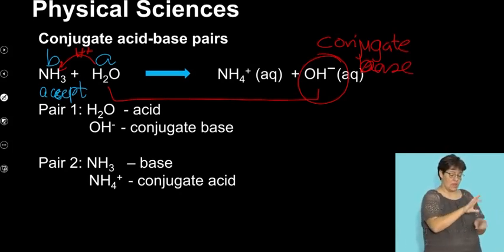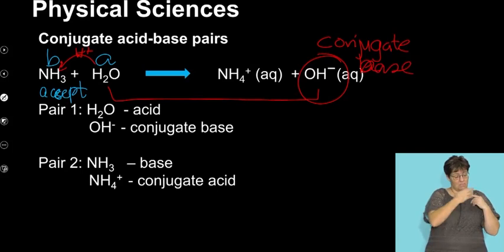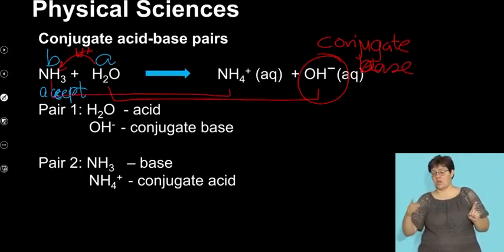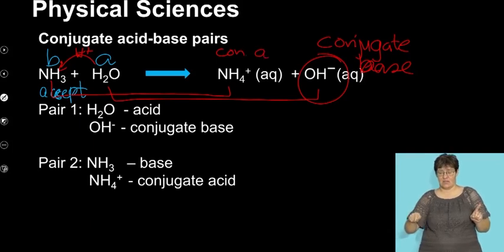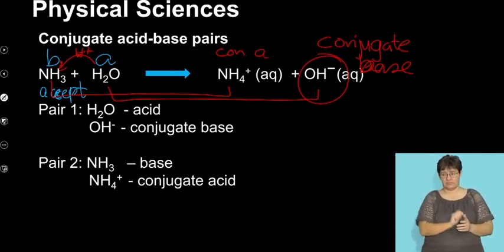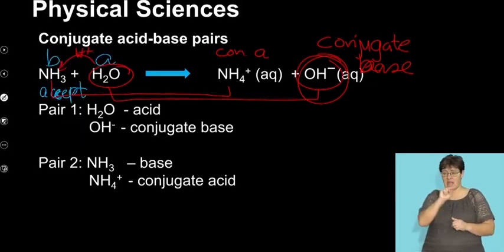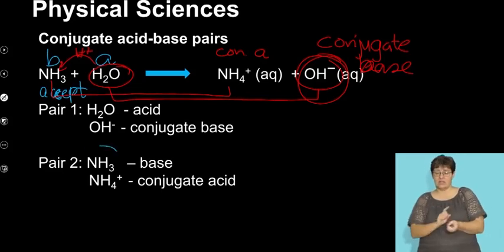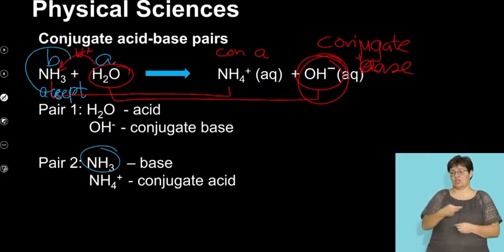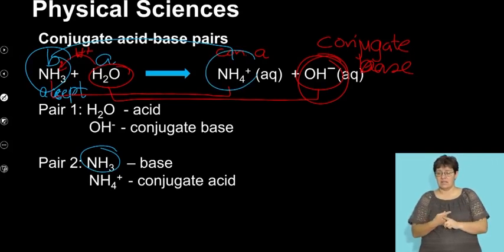The NH3 that will accept the proton will now become the conjugate acid of the base. So our first pair there is water and hydroxide ions, and my second pair there is NH3, which is the base, and it becomes the ammonium ion as the conjugate acid.